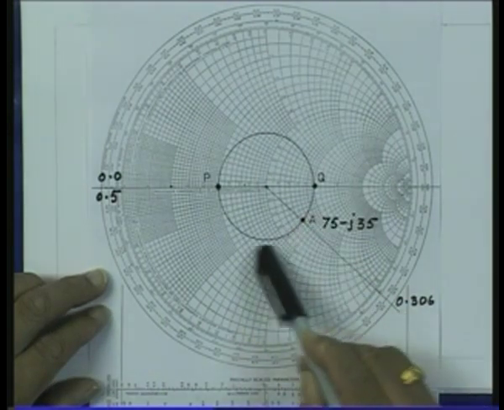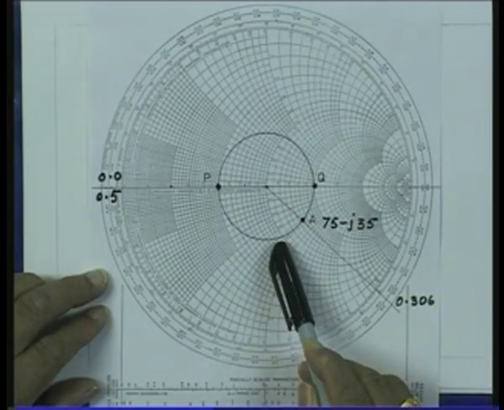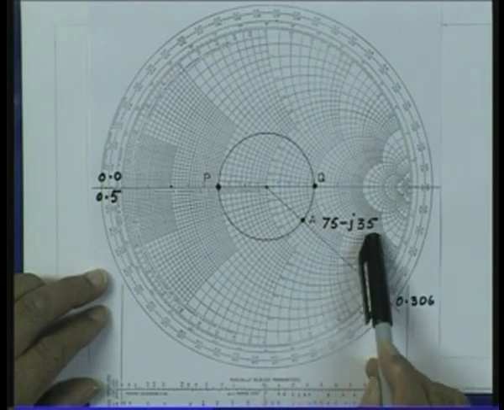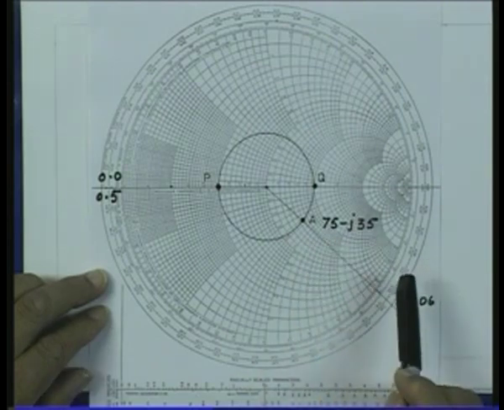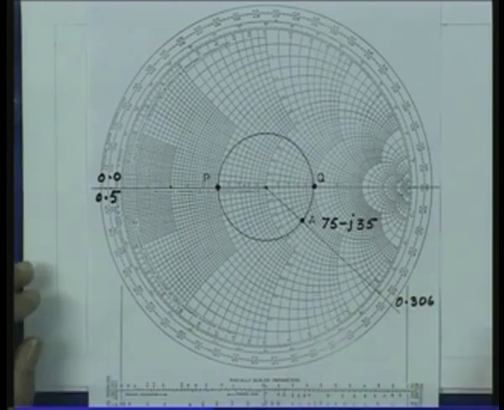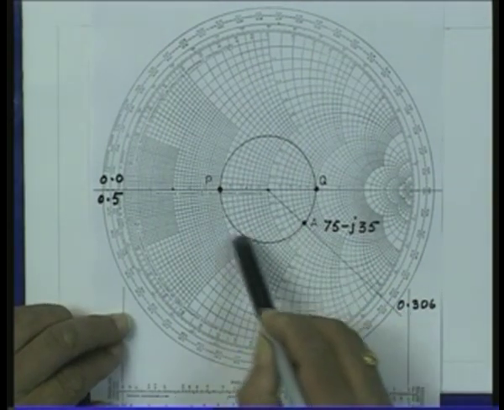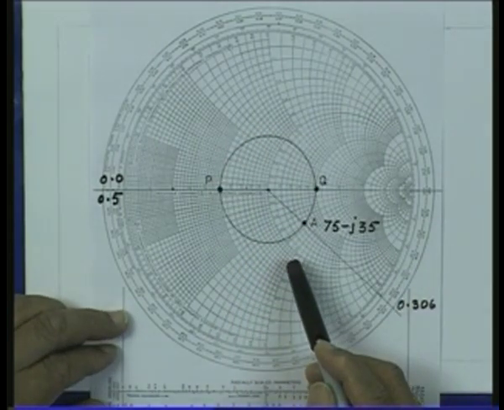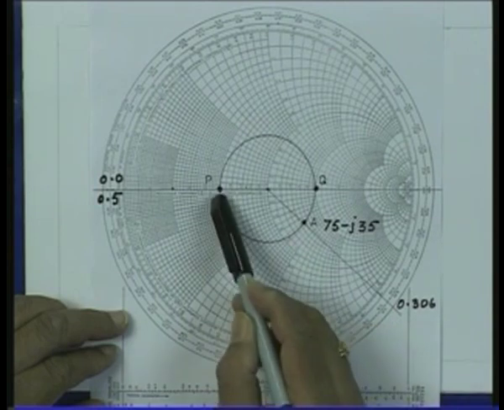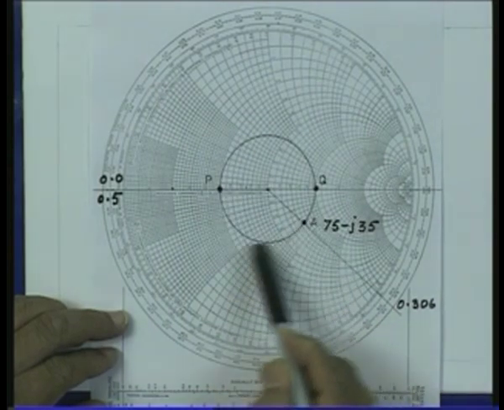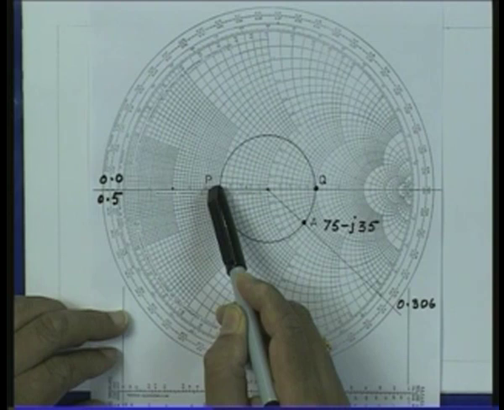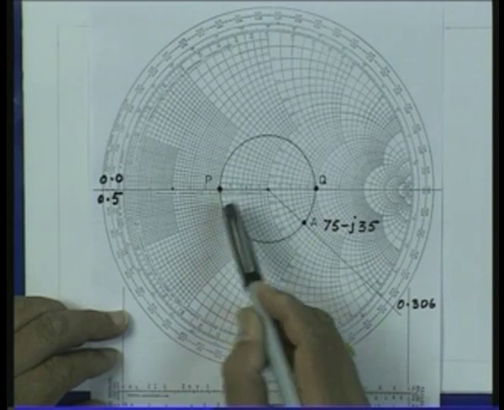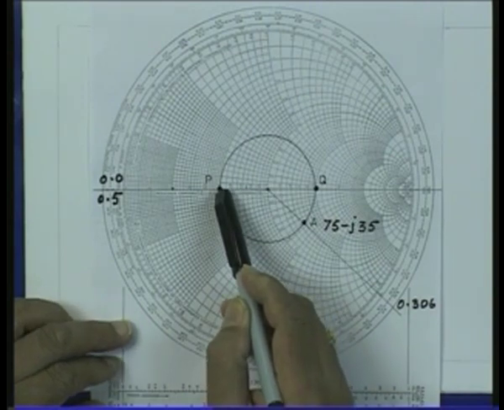draw a constant VSWR circle passing through this impedance. So, this circle is the constant VSWR circle corresponding to the load impedance 75 minus j35. Now, as we move on this constant VSWR circle towards the generator, that means in the clockwise direction, if I move by a distance corresponding to AP, the impedance at this location seen will be real and it is the minimum resistance which we will see on the line.